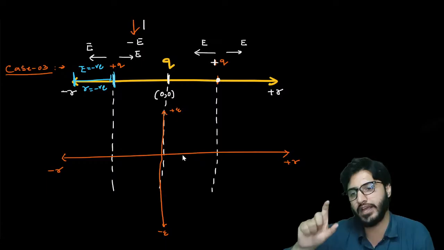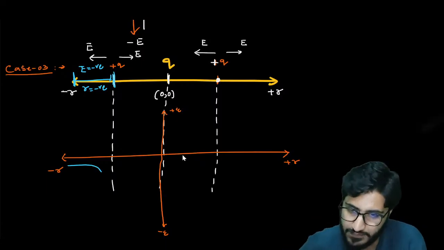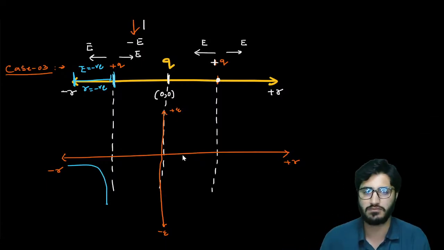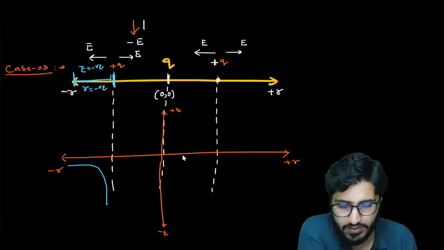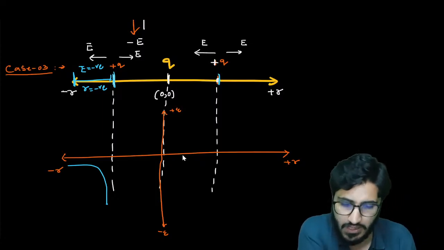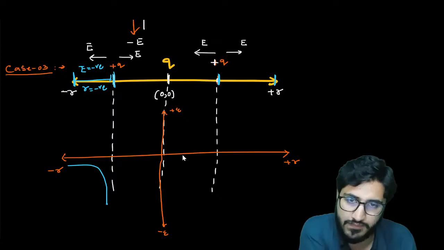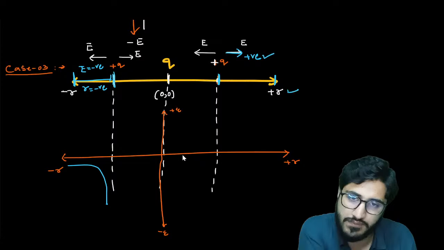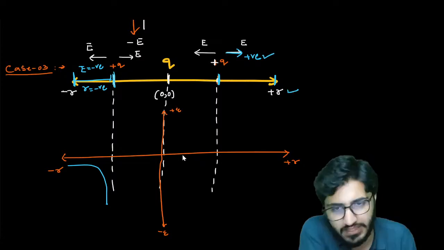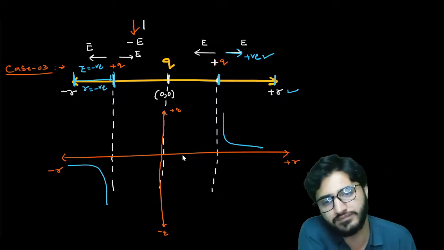I guess negative means we have this quadrant. Now, let us talk about this one. Electric field is positive. R is positive. I guess it represents this particular side.